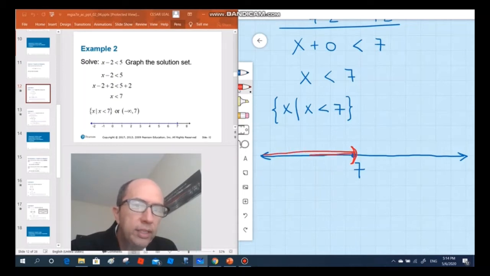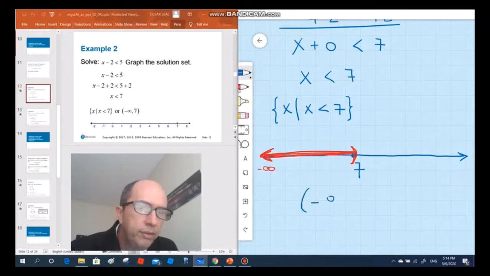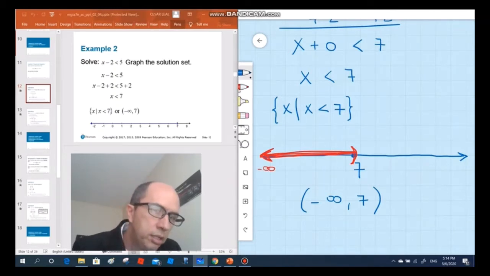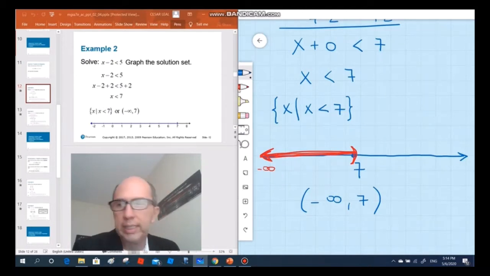Everything less than 7 is part of the solution, going to negative infinity. And the interval notation is going to be negative infinity, 7 inside parentheses, right? Because infinity is always parentheses, and 7 is not part of the solution, so therefore parentheses.